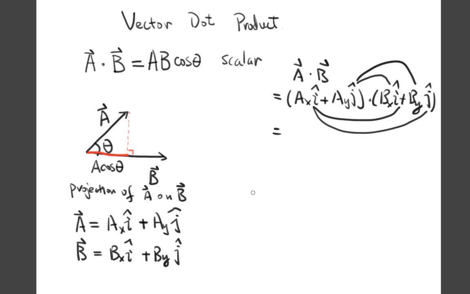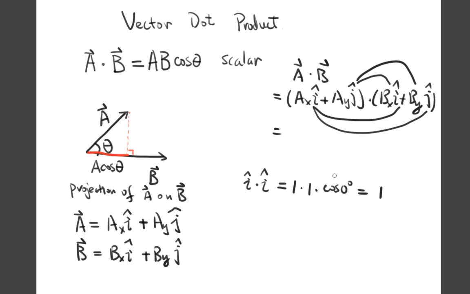And we'll see that I hat dot I hat equals 1, because according to the definition, I hat is a unit vector along the x-axis, so its magnitude must be 1. So that's 1 times 1 times cosine theta, and the angle theta must be 0 degrees, because that's the angle between two same vectors.